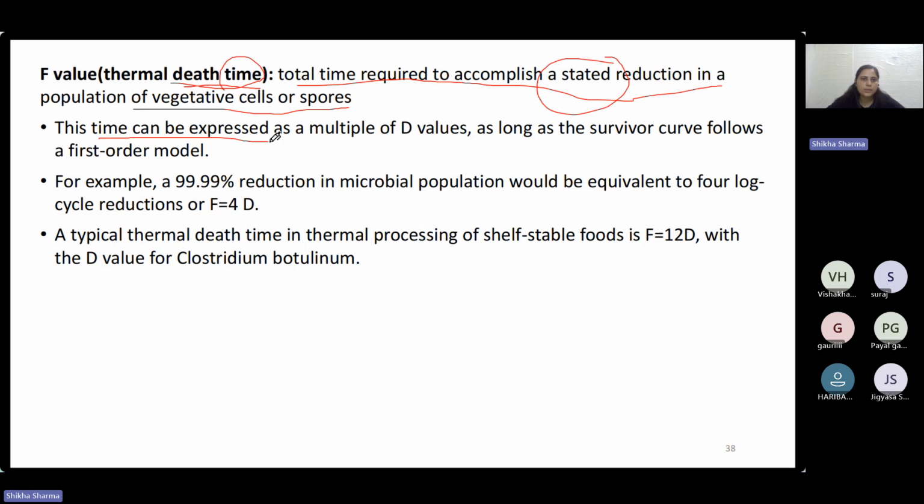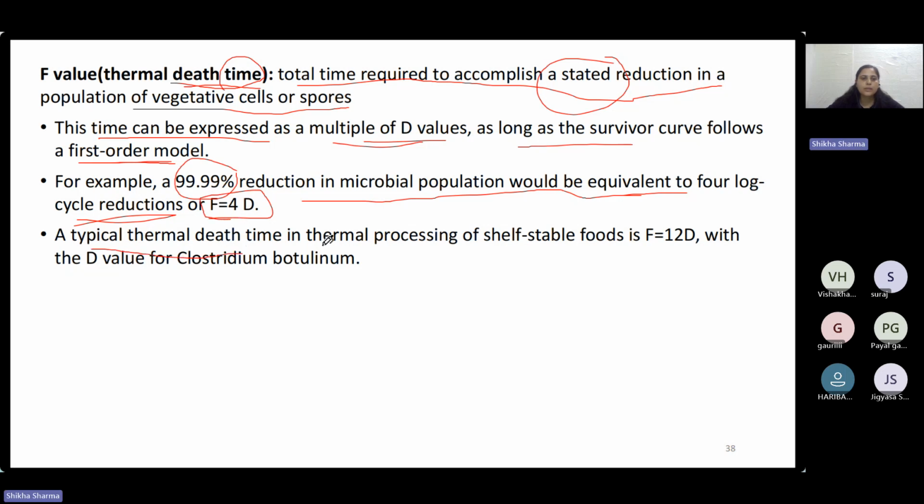So this time can be expressed as a multiple of D value, as long as the survivor curve follows a first order model. For example, if we say 99.99% reduction in the microbial population, that will be 4 log cycle reduction, which means F equals 4D.